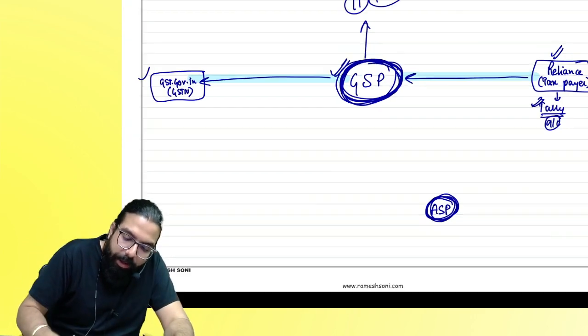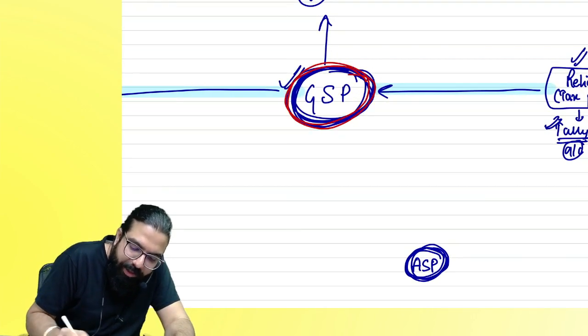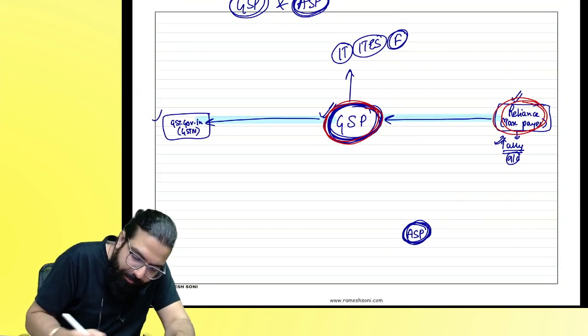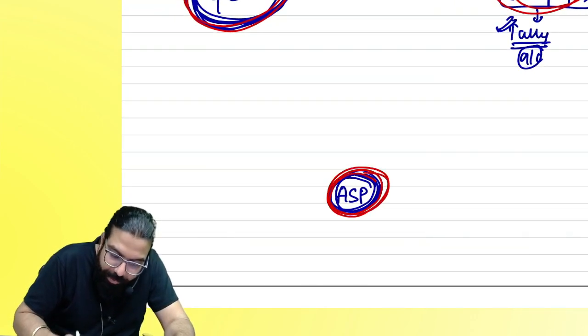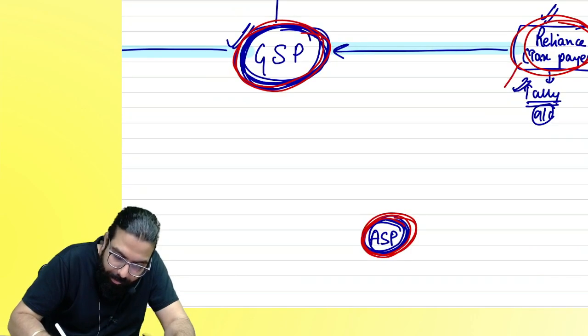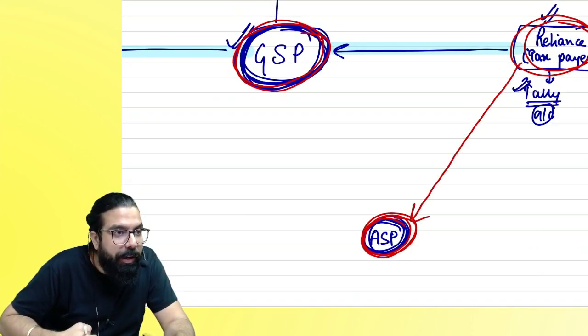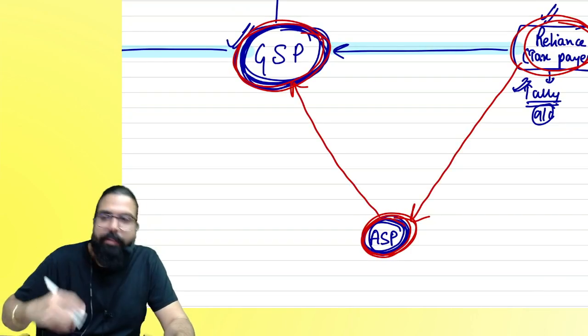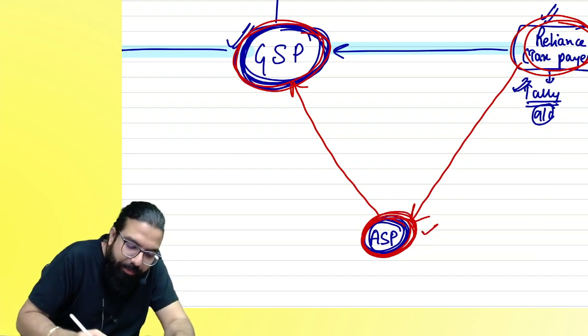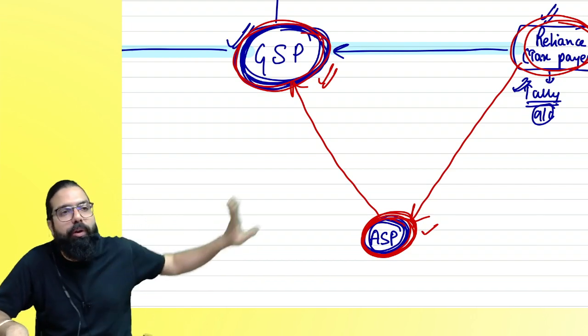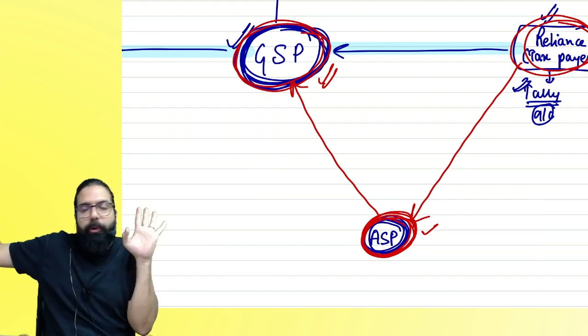Now listen. Remember one thing, a GSP serves as a link between whom? Taxpayer and GSTN. This ASP is there, no? He is a link between whom? Reliance, the taxpayer, and the GSP. But actually, when they develop the software, that software will also do the same thing, pull and push.